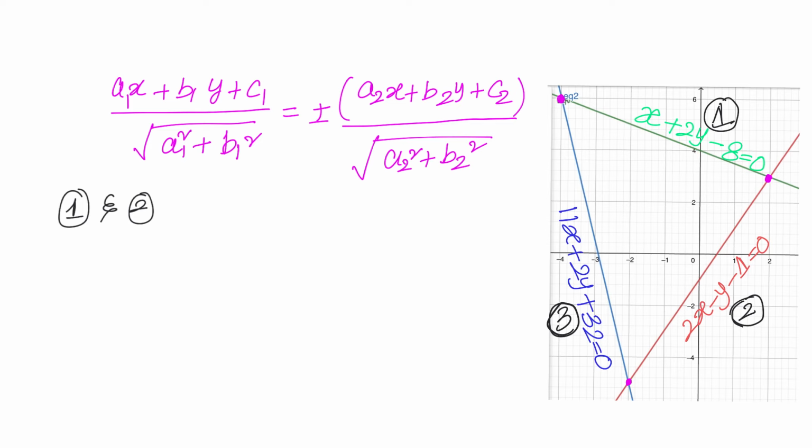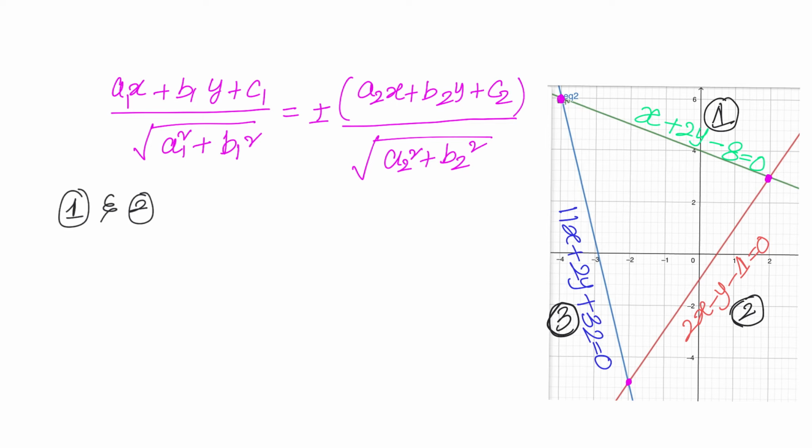Here it is between 0 and minus 2, that is minus 1. So whatever line I get, its y-intercept should be between minus 1 and 4. Then that is the line which I am looking for. So that logic we can use here. Let's go ahead and write down the steps.